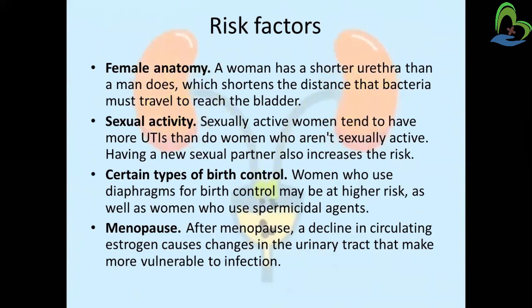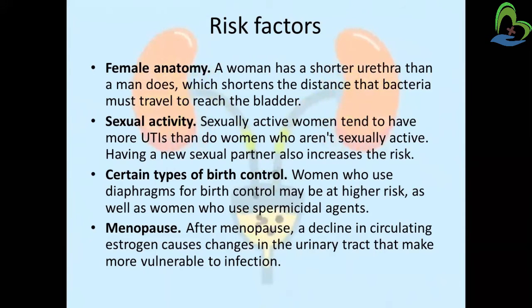Female anatomy, as I already said, has a shorter urethra, so bacteria enter, travel and reach the bladder. Then sexual activity: sexually active women have more UTIs than women who are not sexually active.